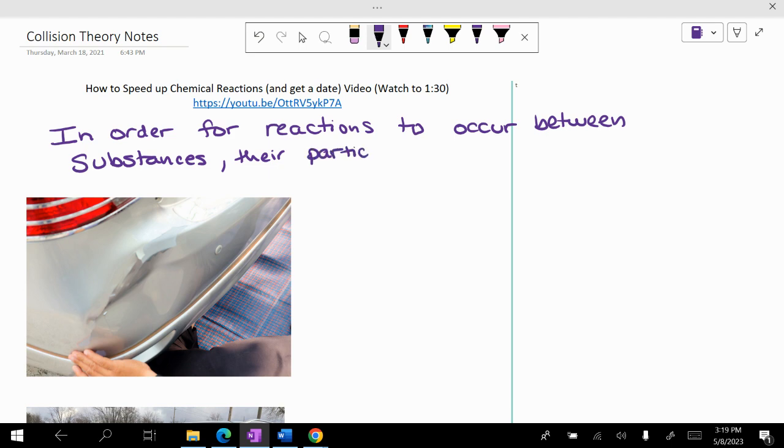Now, it cannot just be any type of collisions. There has to be 2 things. You have to have sufficient energy and you have to have correct orientation.